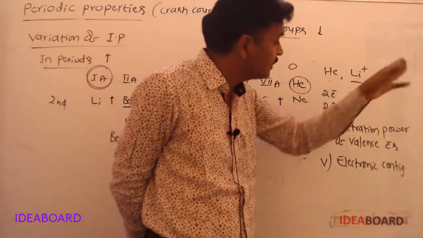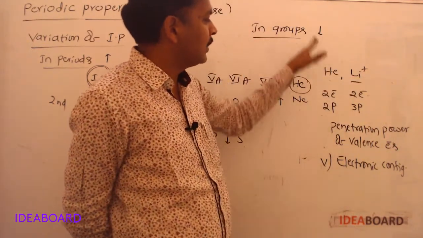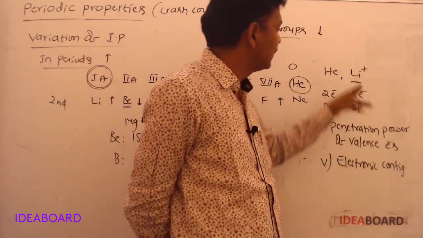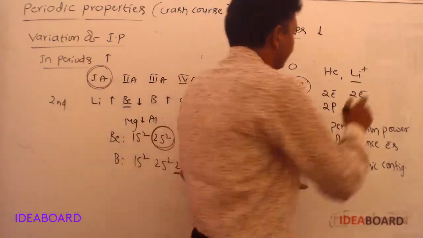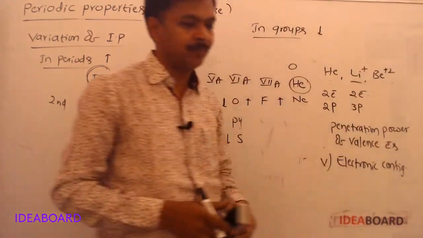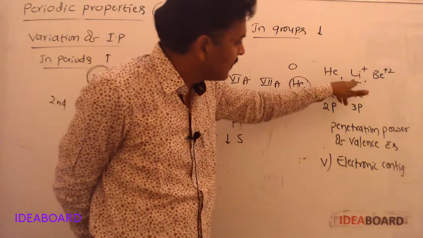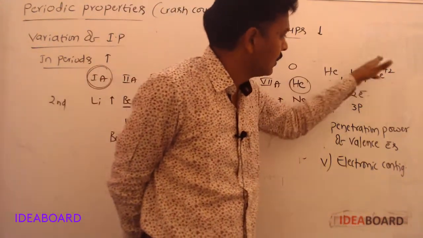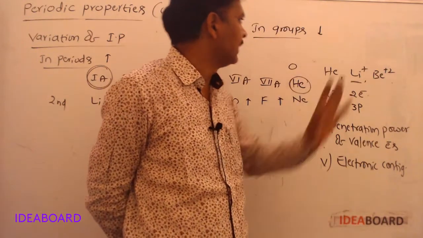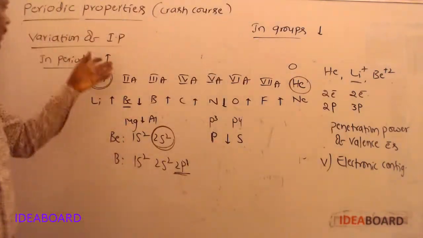So the effective nuclear charge is more in Li+, and that's why its IP value is more. If you take Li+ and Be2+, Be2+ has more IP value than Li+. So as the positive charge increases, IP value increases. This is about IP.